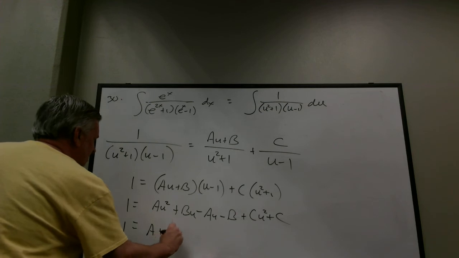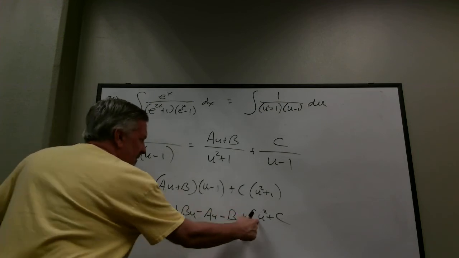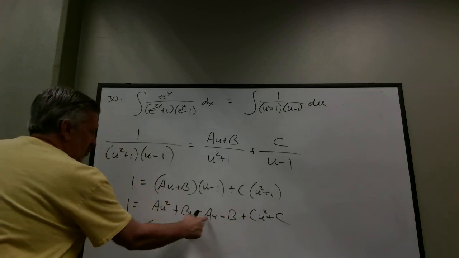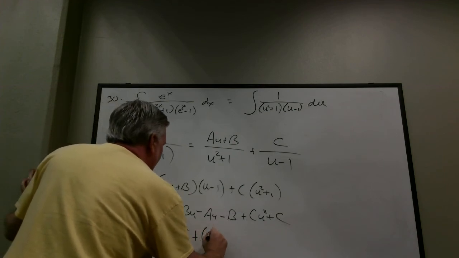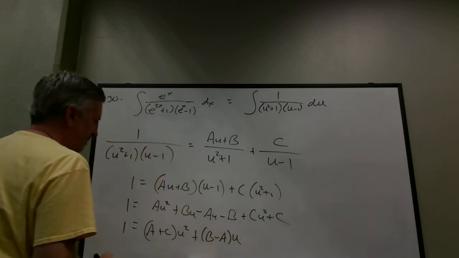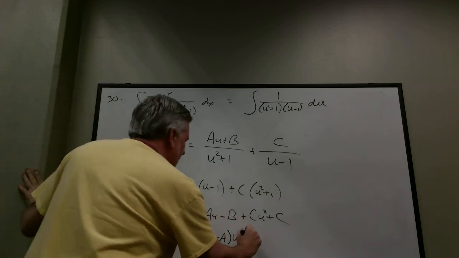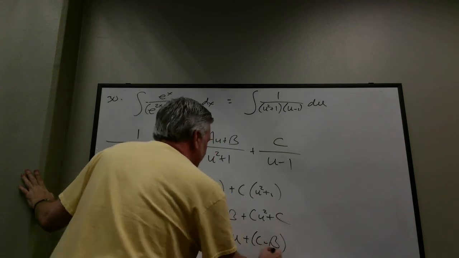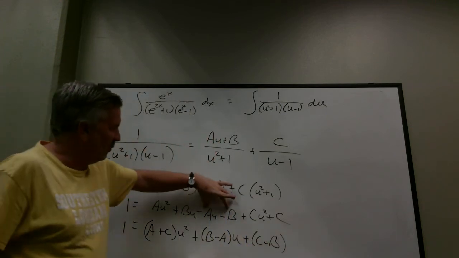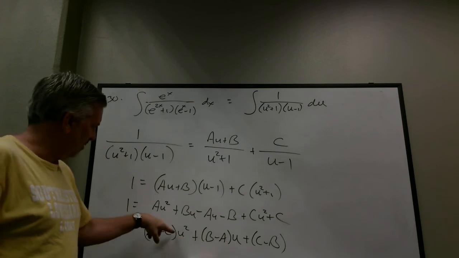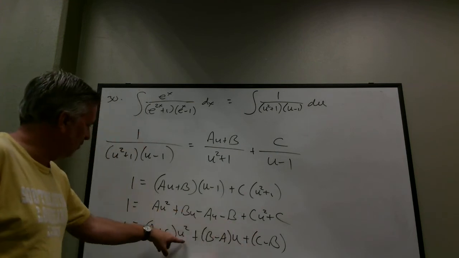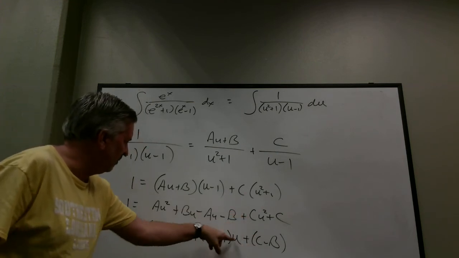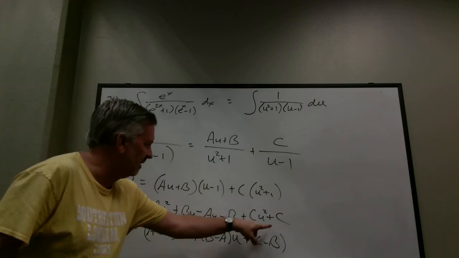I have (a plus c) u squared. I have two u terms, that's (b minus a) u. And then my constants are c minus b. Notice it's 1, 2, 3, 4, 5, 6 terms. So au squared, cu squared, bu minus au, c minus b.